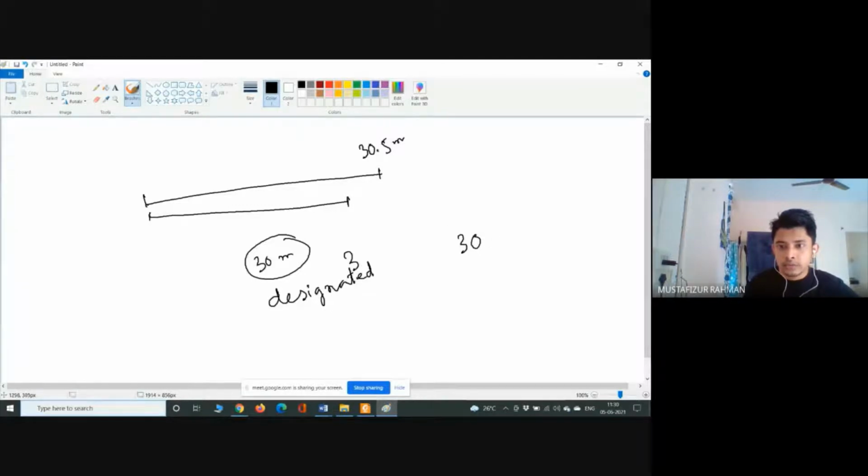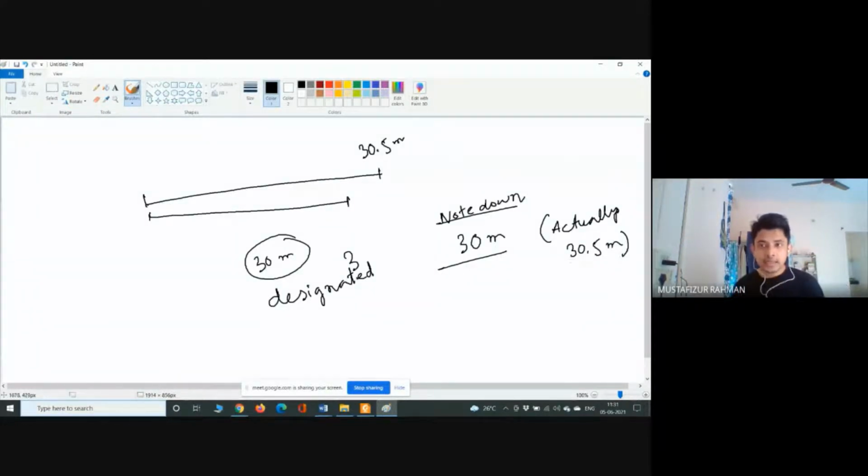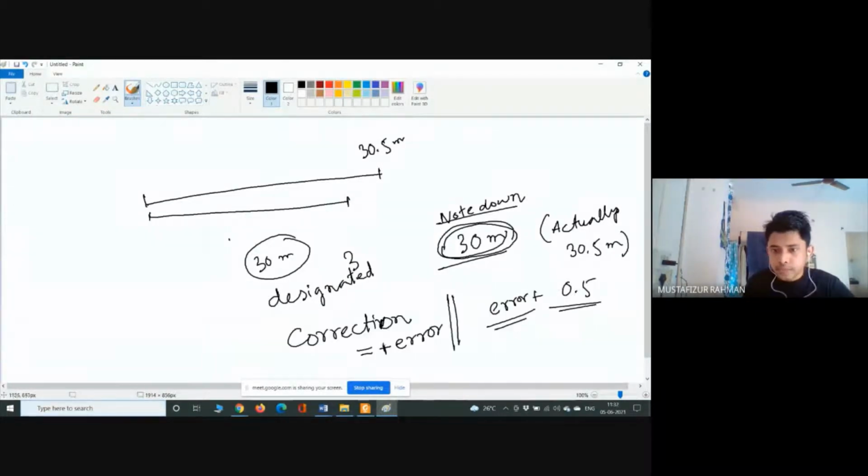We will note down 30 meter, but actually this is 30.5 meter. So what is the error? The error is 0.5 meter.